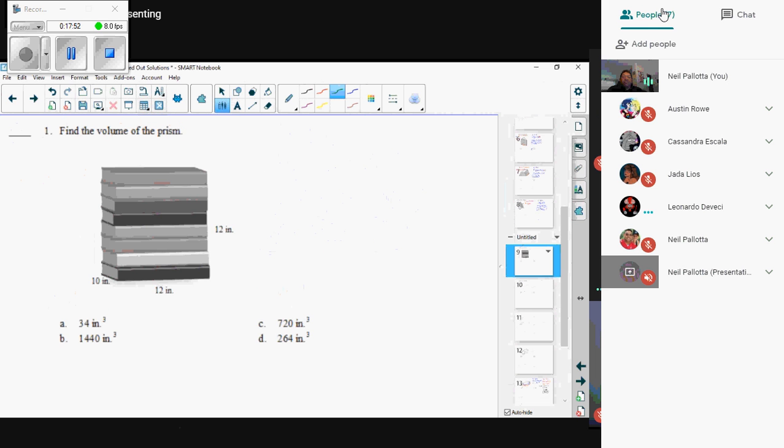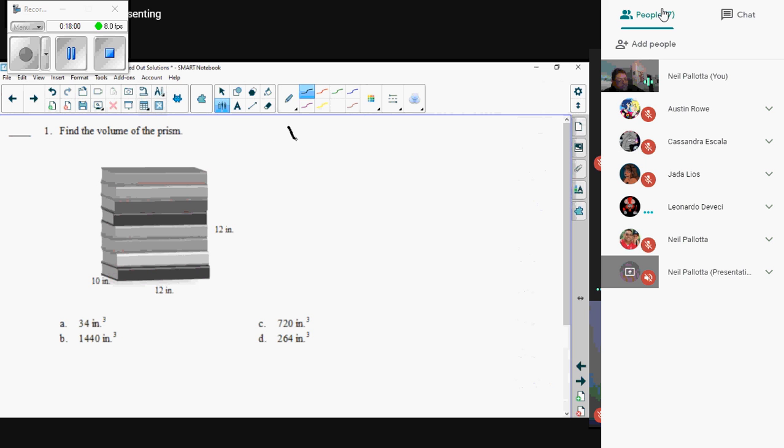Okay. If we look at problem 1, Leo, problem one is a rectangular prism. And for a rectangular prism, we use the following formula for volume: length times width times height. Your length, your width, and your height. So it's just substitution for the rectangular prisms.